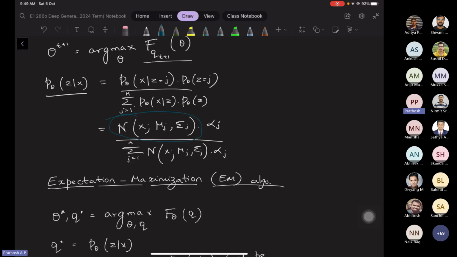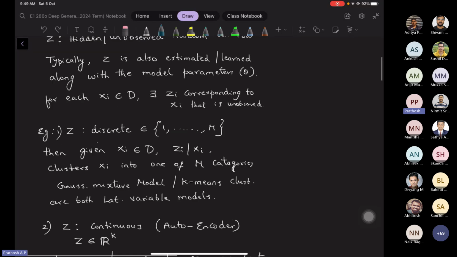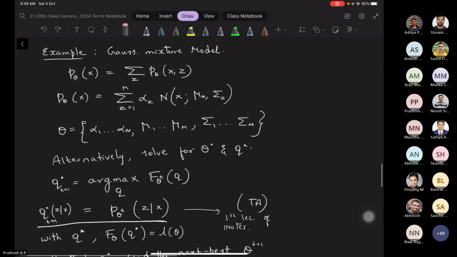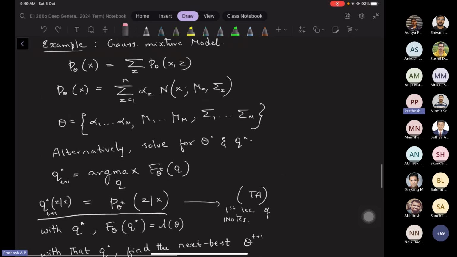See, in a GMM, this is how you model the distribution. p theta of x is given by this linear combination of multiple Gaussians. Now this can be written this way, right? This is equal to the sum from 1 to m of p theta of z into p theta of x given z, isn't it?